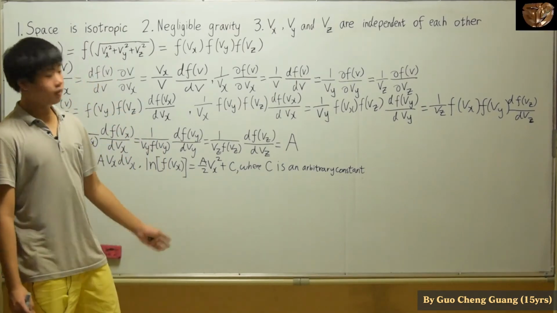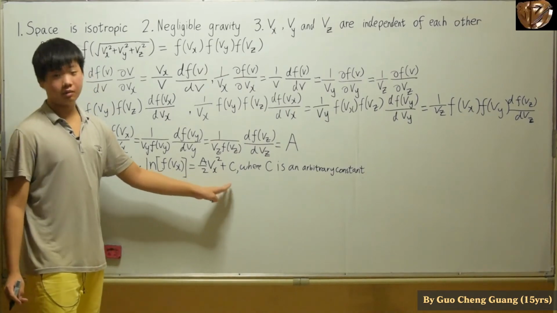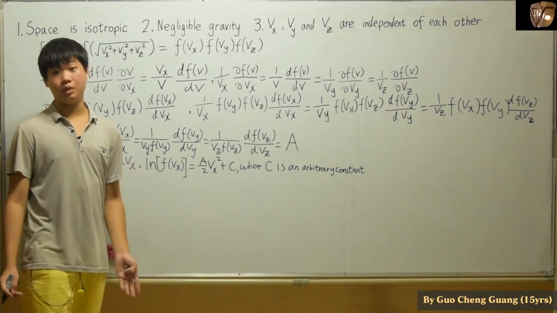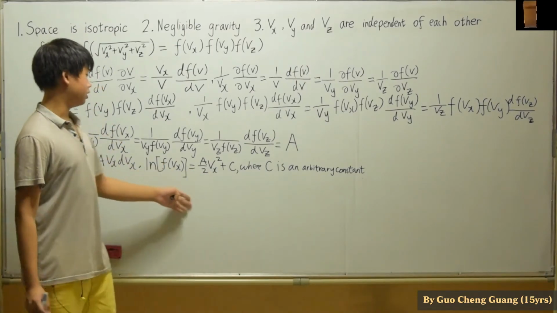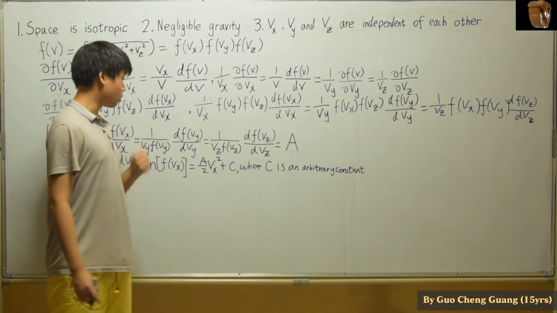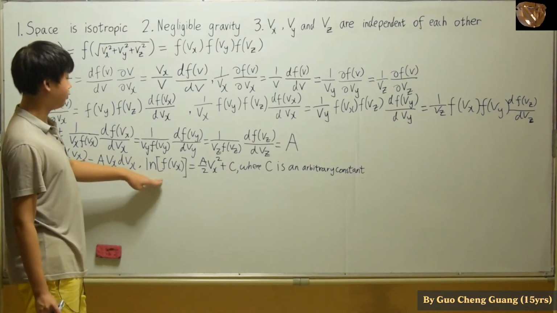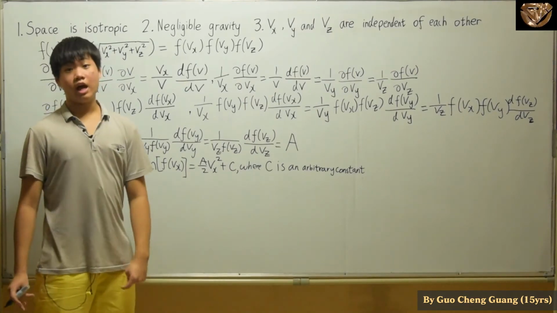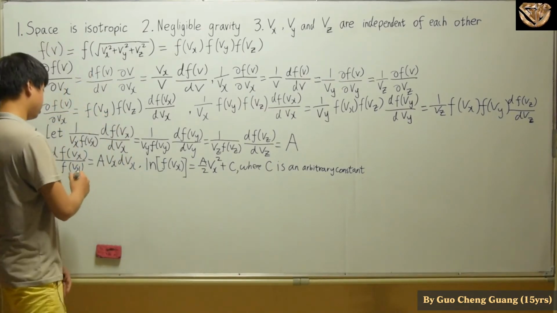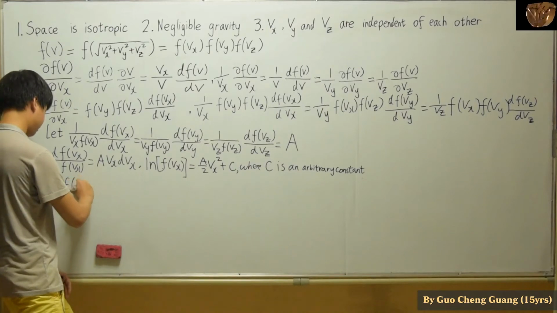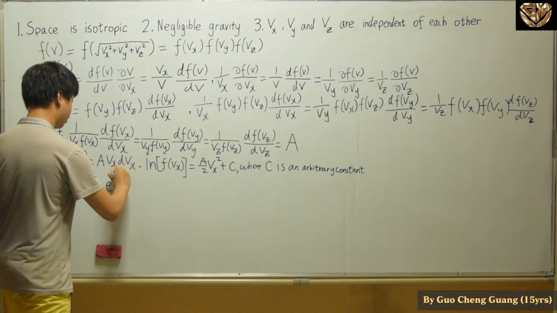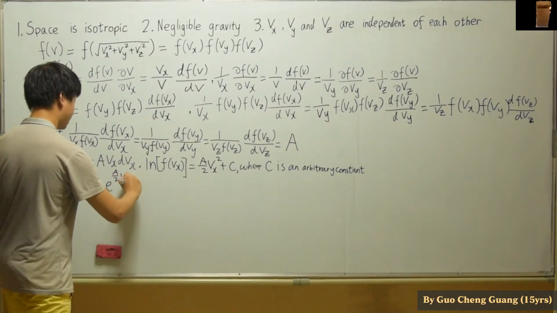Now you might be wondering, wait, if I have an arbitrary constant on the right side, do I need one on the left side? Of course you have, but who said you couldn't combine both arbitrary constants? So when you integrate both together, you could just have one arbitrary constant, since it is both arbitrary constants together, alright? So afterwards, you could take the exponential of both sides, and you're going to have f(Vx) equal to e to the power of a over 2 Vx squared.